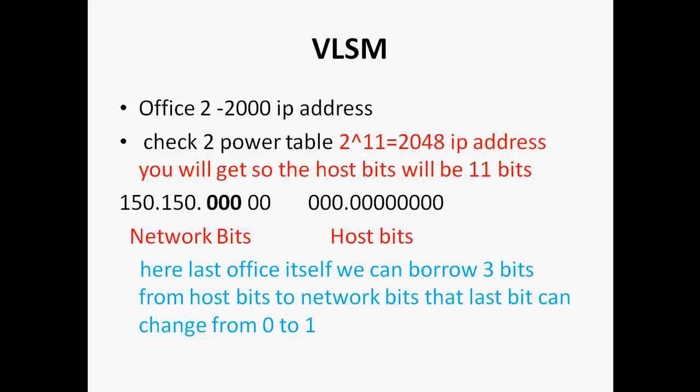So here the last bit you can borrow from host bits to network bits. That bit you can change into 1. So here 000 in the last office, from that first three bits, the last bit I can borrow from host bit to network bit. That bit I can change into 1.